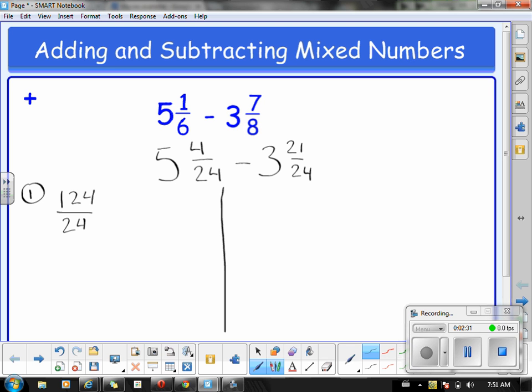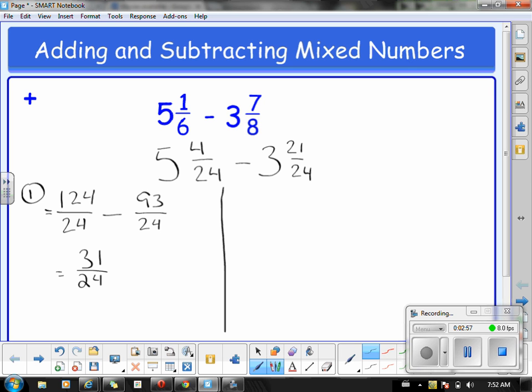My second fraction, 3 times 24 plus 21 is 93. Now we can subtract our numerators. 124 minus 93 equals 31 over 24.